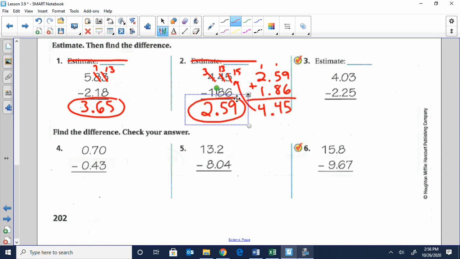Question number 3 has a 0 in the 10ths place. So when we go through 4 and 3 hundredths minus 2 and 25 hundredths, when we go to borrow, we're going to have to borrow twice. So 3 minus 5 you cannot do. So we borrow from the 0. The 0 doesn't have anything to borrow from. So we borrow from the 4 and make it a 3.